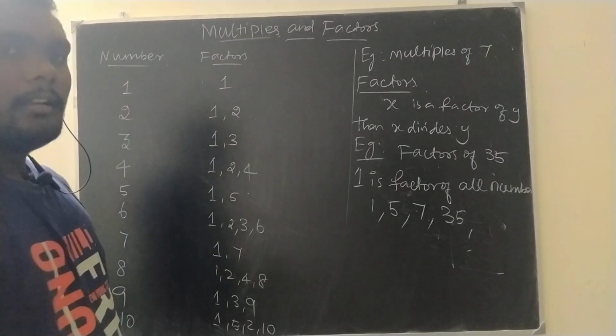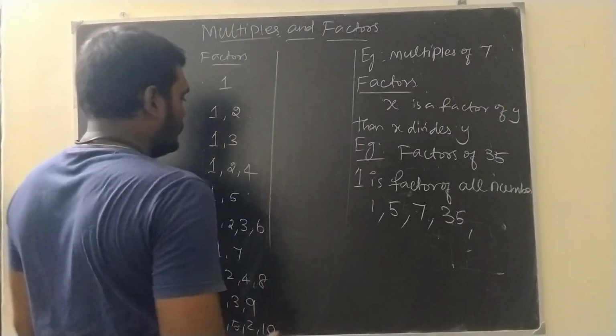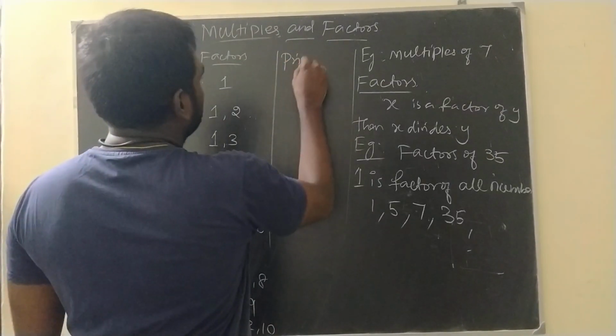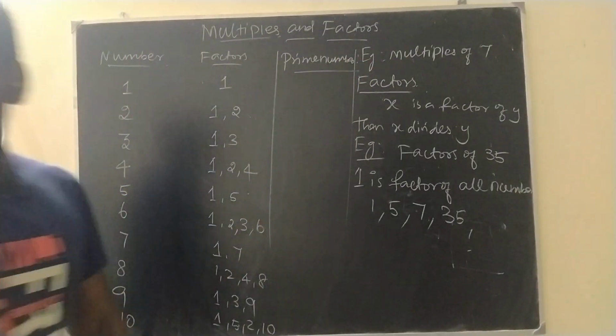Now, we are going to classify this based on the number of divisors it has. So, prime number. What number?